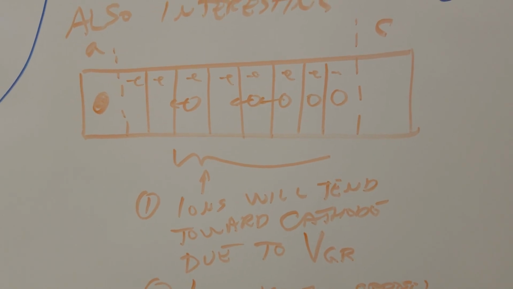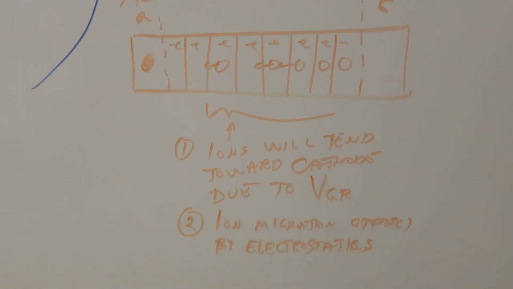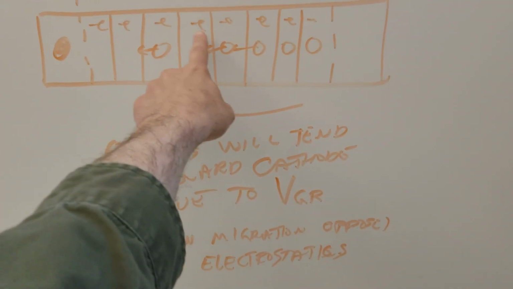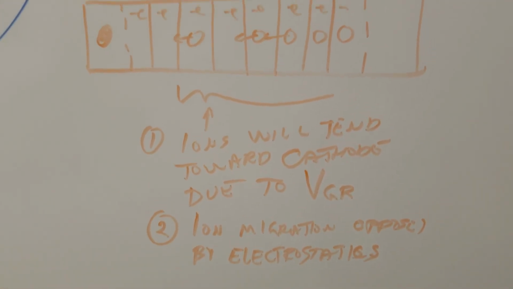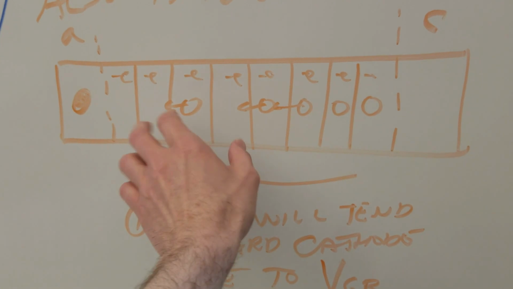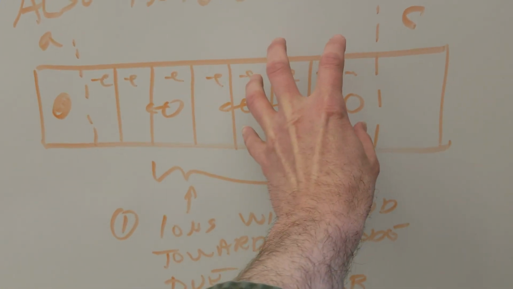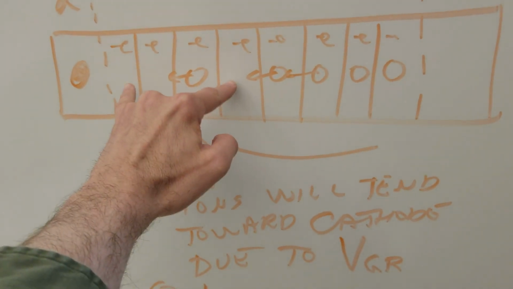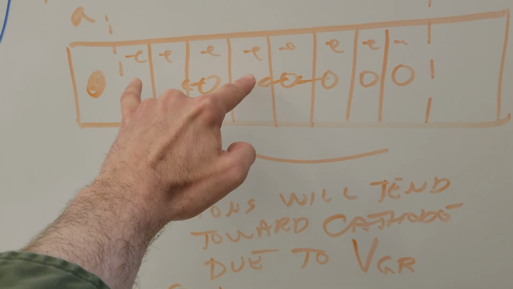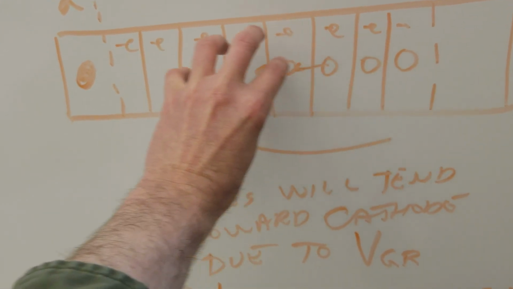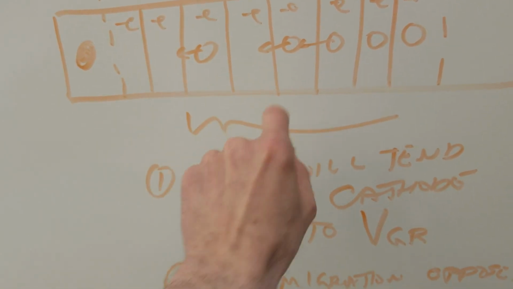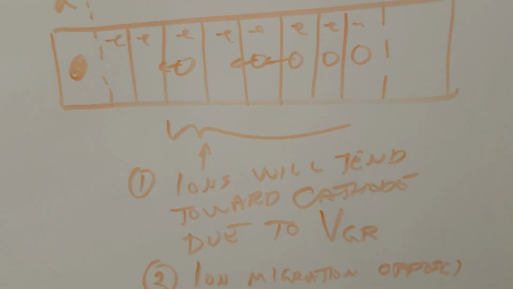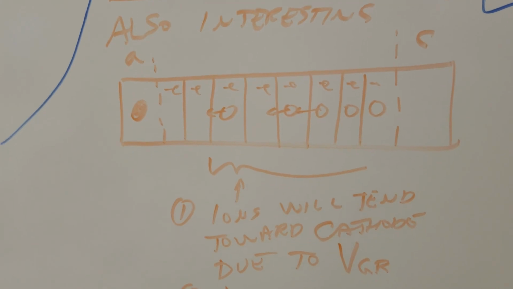But the thing about our model is that because we have this background charge, we're going to have some electrostatics which oppose the migration. On one hand, we'd really like to see these Qs move down the potential gradient, but when we do that, we're going to leave this background charge unshielded, and that's going to want to have positive ions migrate to cover that up. And also these positive ions are going to have repulsive interactions with each other.